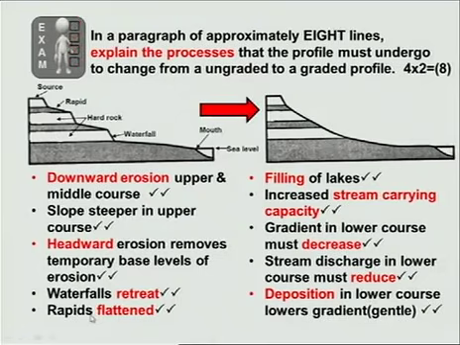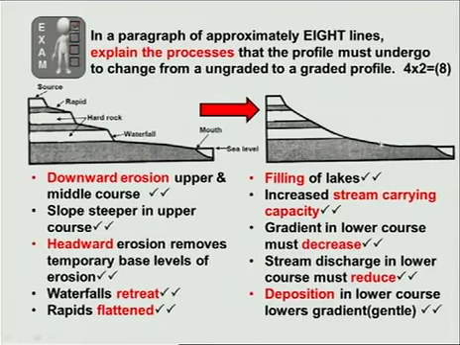Rapids will be flattened or removed. If there are lakes, the lakes will be filled up. Stream carrying capacity increases, because these things must be eroded and removed. The gradient in the lower course must decrease, in other words, it must become more gentle. Steep there and gentle there. Have you got that? Stream discharge in the lower course must reduce, and deposition must take place here.